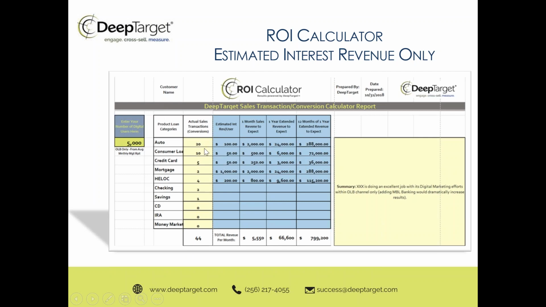But if you do this every month, then the 12-month results of all 12 months worth of sales is this column. So you're just shy of $800,000 in sales influenced by your marketing, digital marketing, and DeepTarget. Okay, so very simple calculator. We can make this available to you as well.